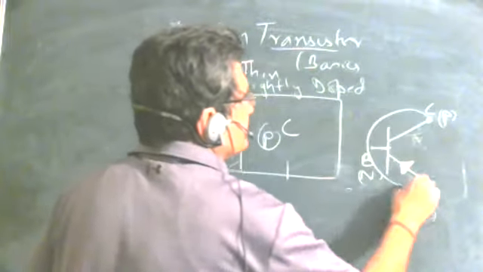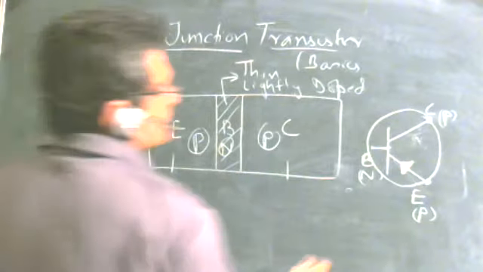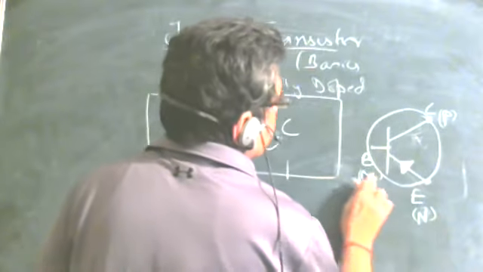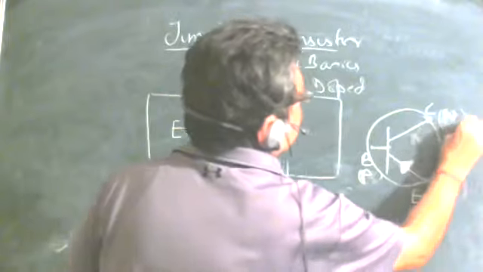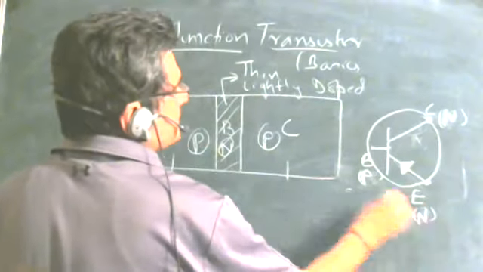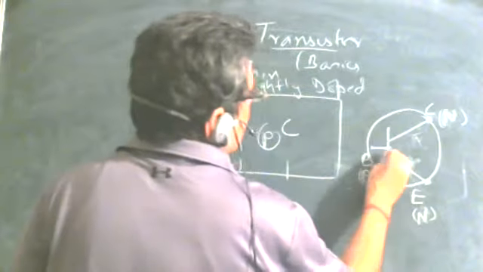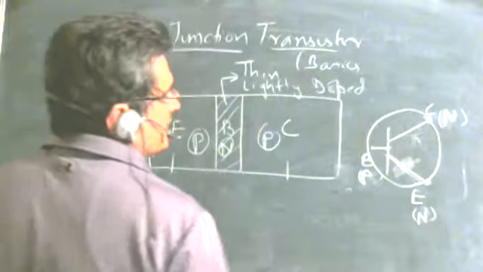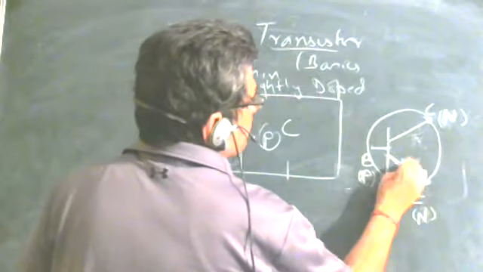So this is the symbol for the PNP transistor. Suppose it is NPN. This is N-type semiconductor, N-type semiconductor, and the base is P-type. Again, there has to be an arrow mark between base and emitter, and the arrow is always from the P side towards the N side.